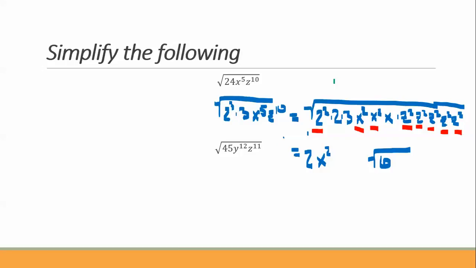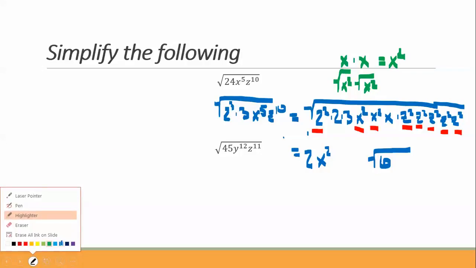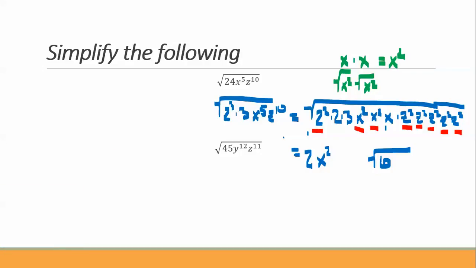This one is x and this one is x. X times x is x squared. This x doesn't have a squared on it, so it has to stay under the square root.